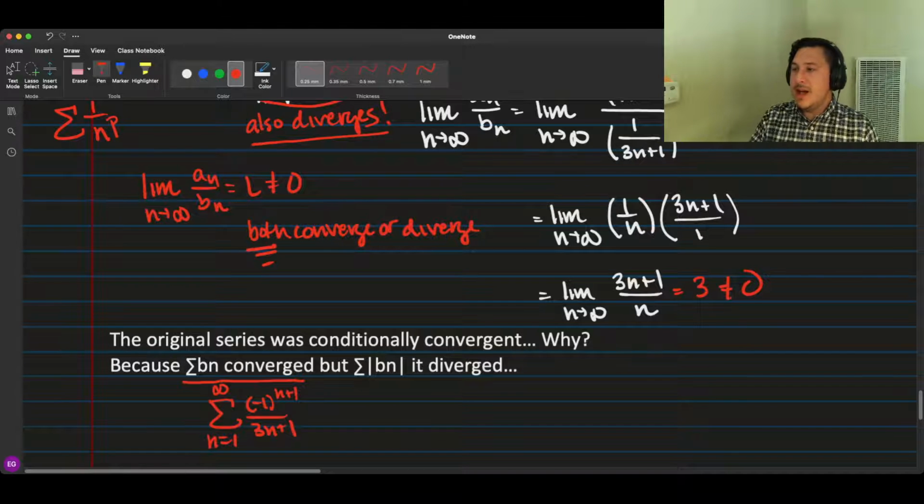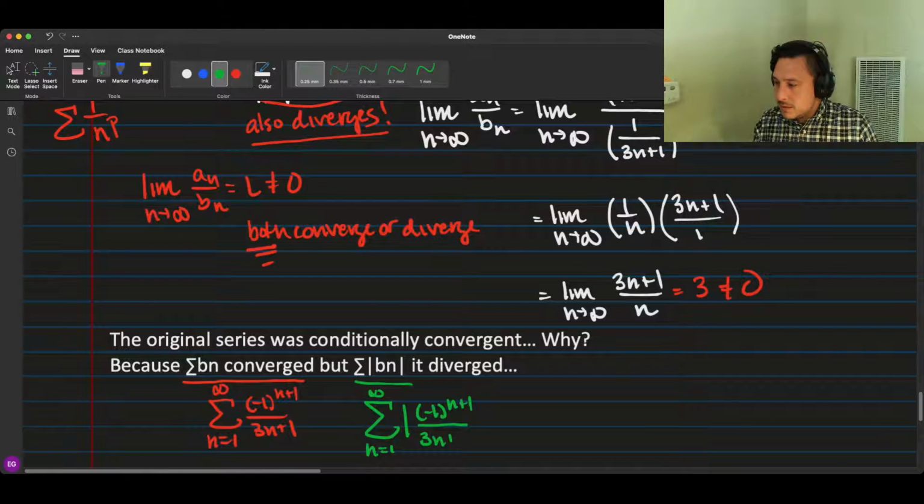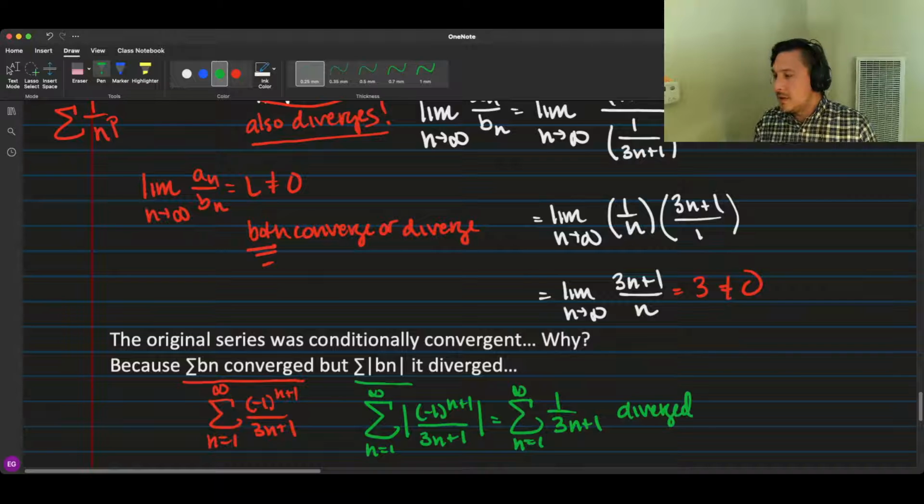But then when we took the absolute value of that, which ended up being the same thing as looking at the sum of just 1 over 3n plus 1, that diverged.